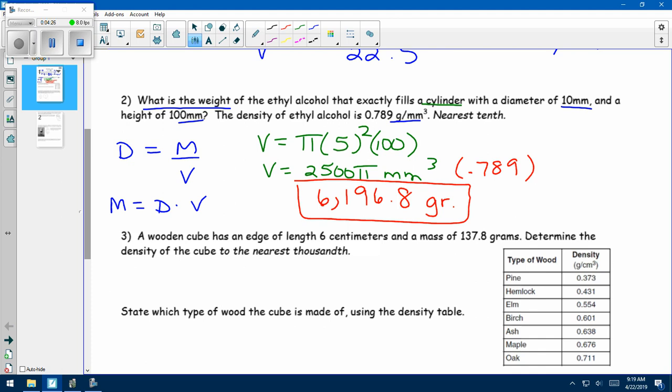So again, that weight calculation that we're doing in this case, that's something that we will pretty typically be asked to do.